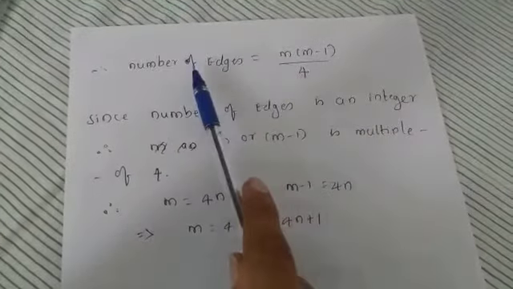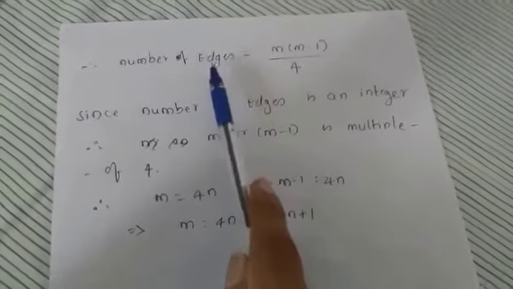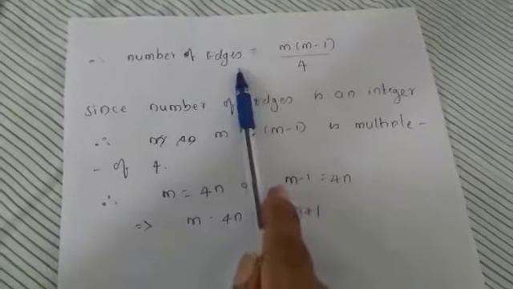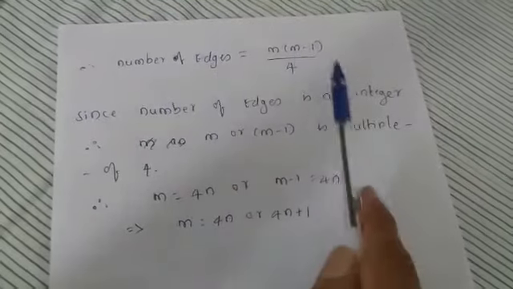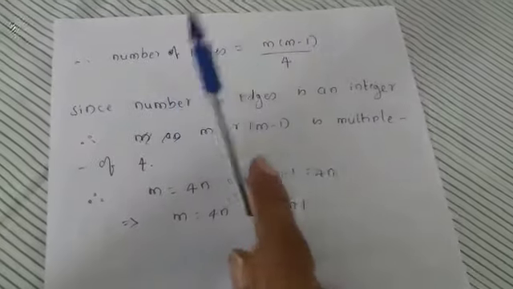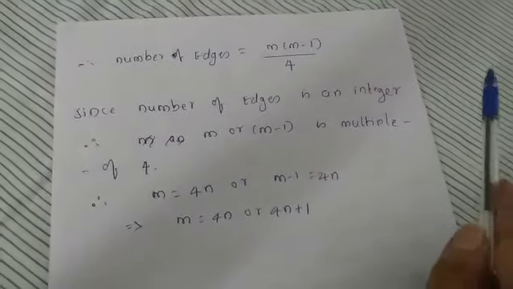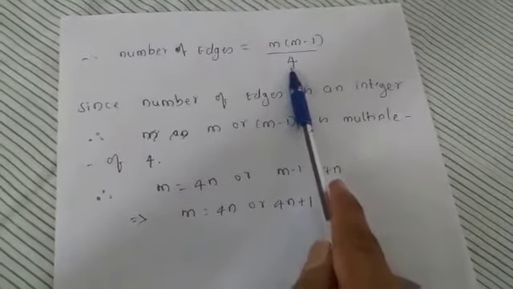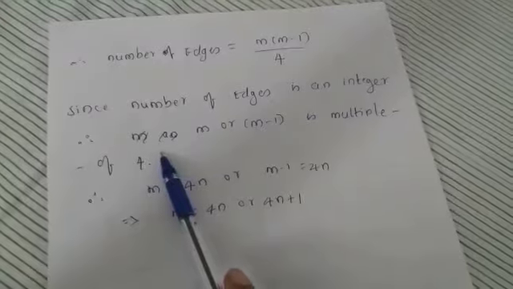Since this stands for the number of edges, it is always an integer. Edges can't be 4.5, can't be 1.5, can't be 1.8. So it is either 1 edge, 2 edges, 3 edges, 4 edges and so on. Therefore, being divisible by 4 means either m or m minus 1 is a multiple of 4.